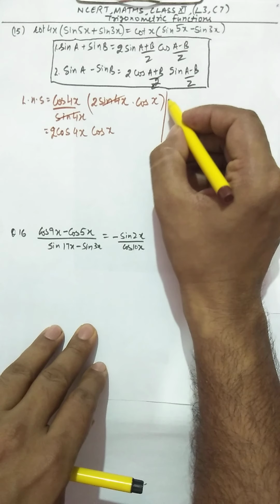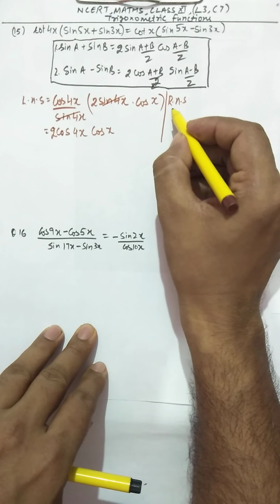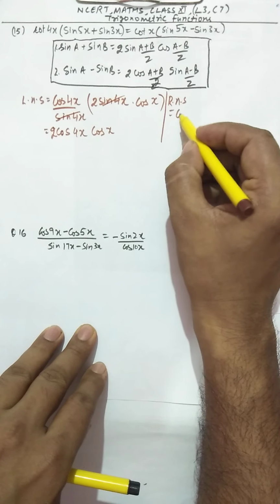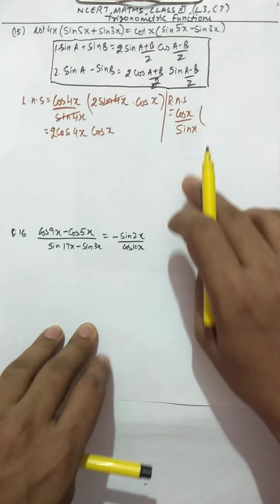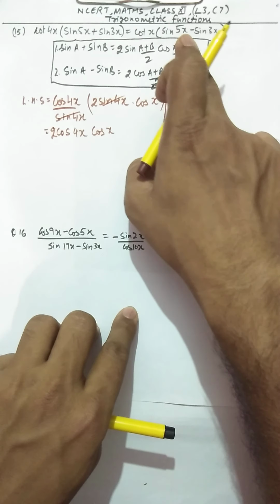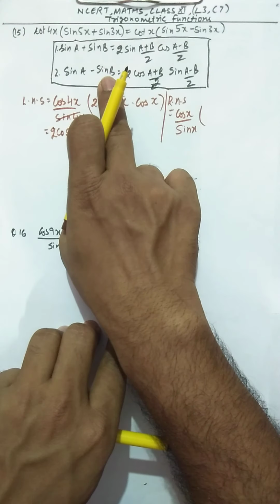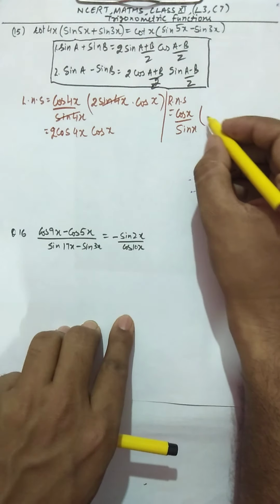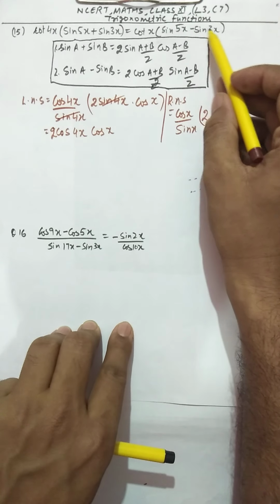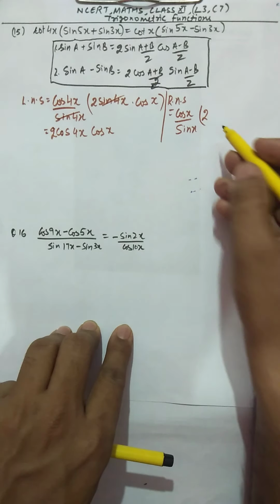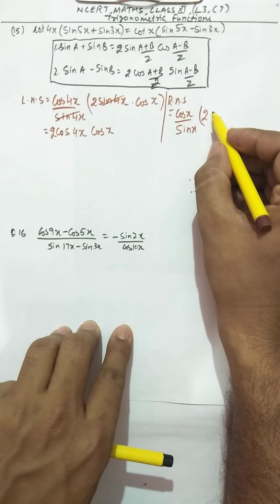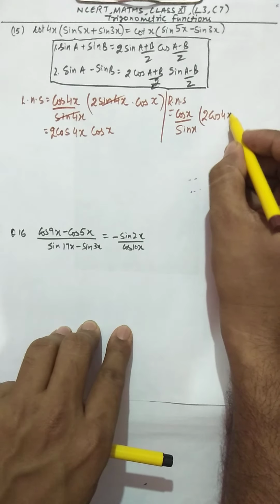So I am taking here the RHS. RHS is cot x, which can be written as cos x upon sin x, times (sin 5x − sin 3x), and you apply this formula. So this is going to be 2 cos((5x+3x)/2), 8x divided by 2 is 4x, so this can be written as 2 cos 4x.